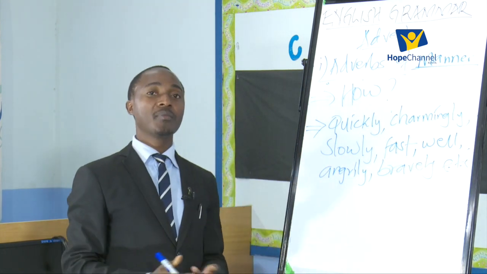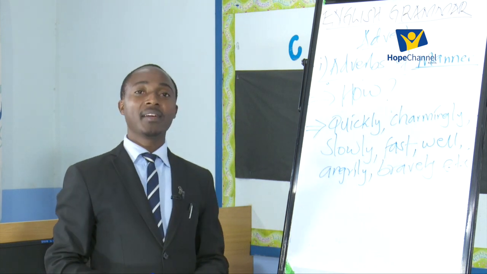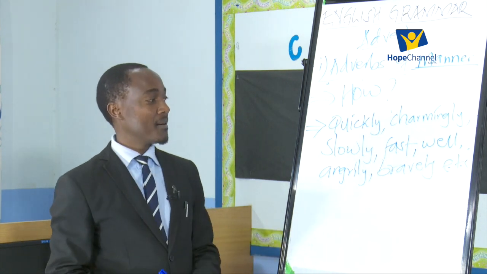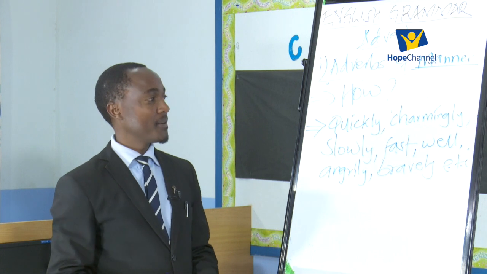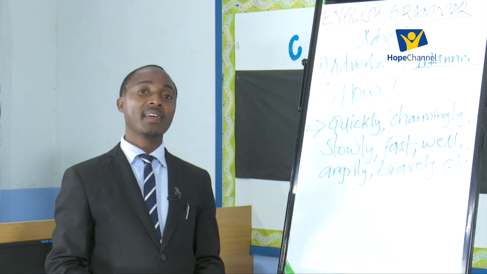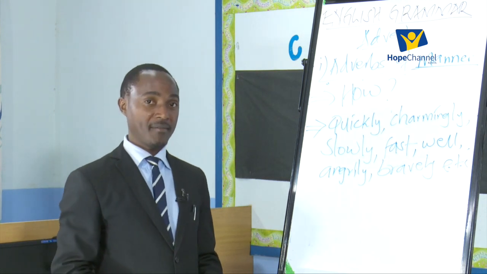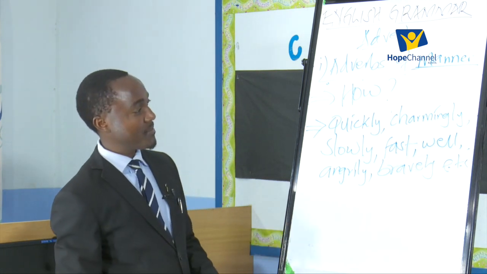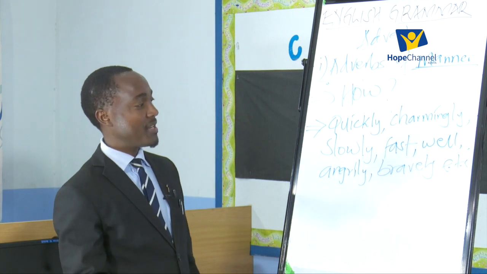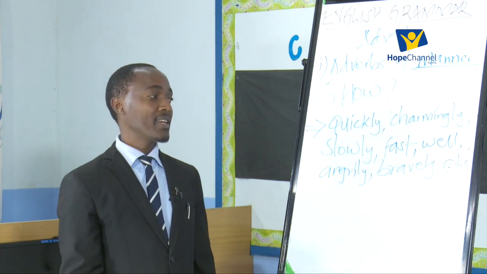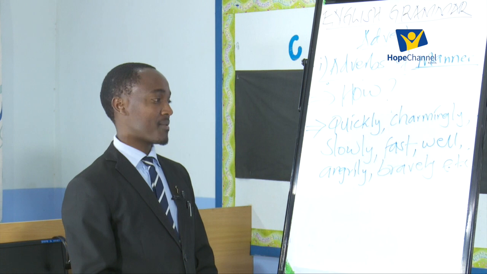This is the largest group of adverbs that we have, and the common way of forming them is by adding ly at the end. These are some of the examples we have: quickly, charmingly, slowly, fast, well, angrily, bravely, and there are many more.